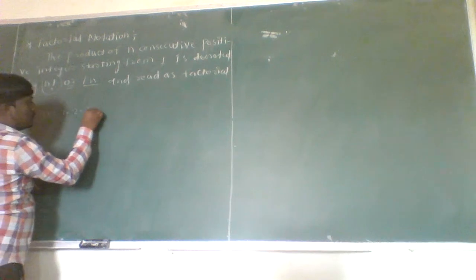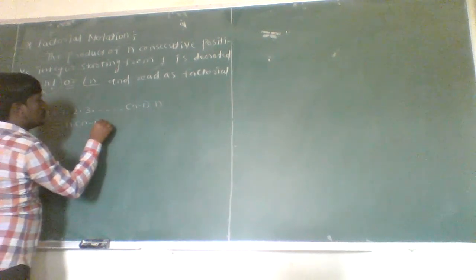If suppose n is given, then the product of n consecutive integers starting from 1, that is 1 into 2 into 3 into up to so on into n minus 1 into n, is nothing but the factorial n, and this can also be written as n into n minus 1 into n minus 2 into up to so on 3 into 2 into 1.